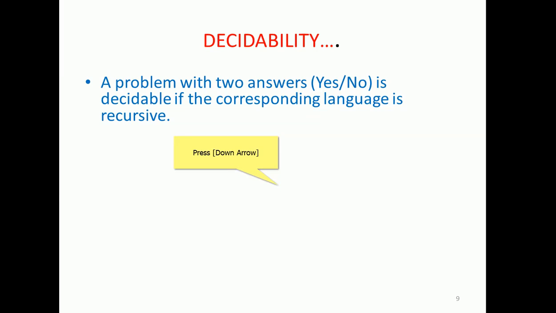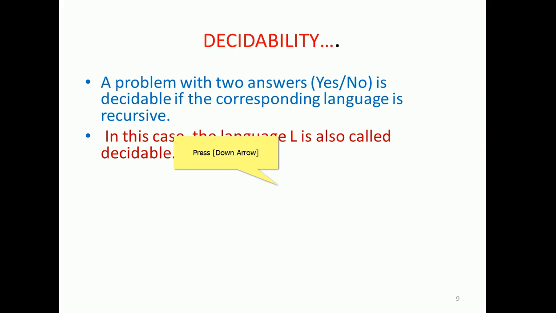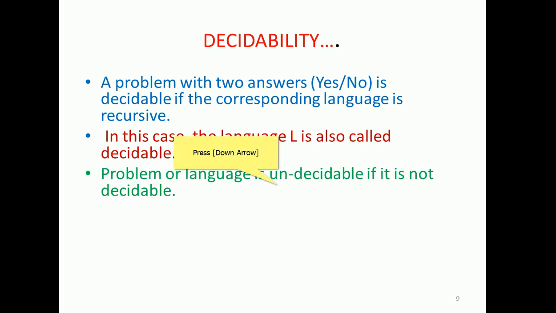In this case the language L is called decidable. Decidable means it is acceptable, terminatable, a kind of solvable problem. A problem, language or solution is undecidable if it is not decidable.